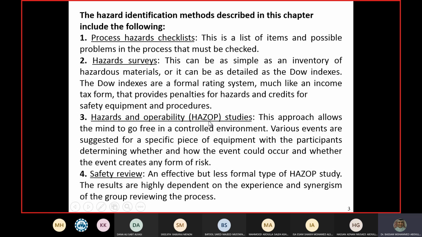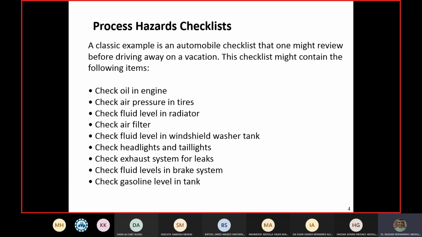There is something very close to it called the hazard survey, which is also used like the failure mode and effect analysis, but we call them hazard surveys. So these are different terminologies from the failure mode and effect analysis terminologies. Don't worry, we are going to take these things again.